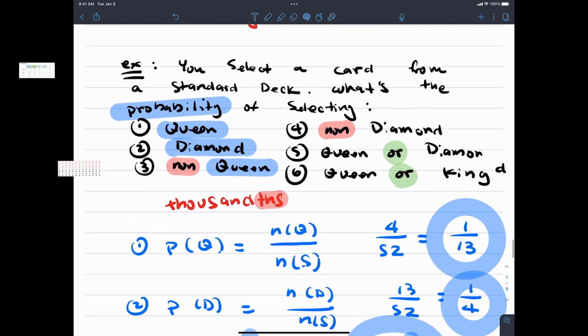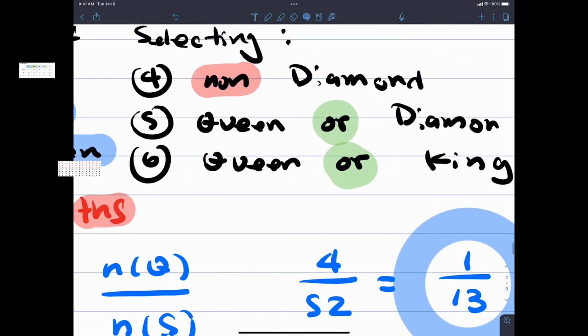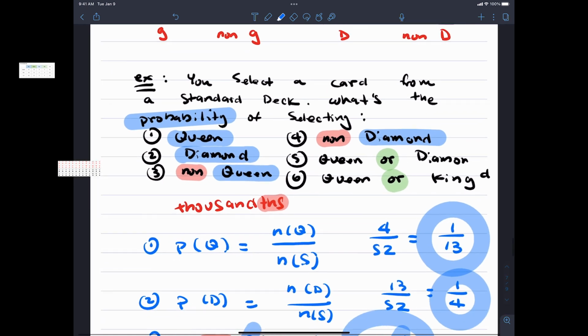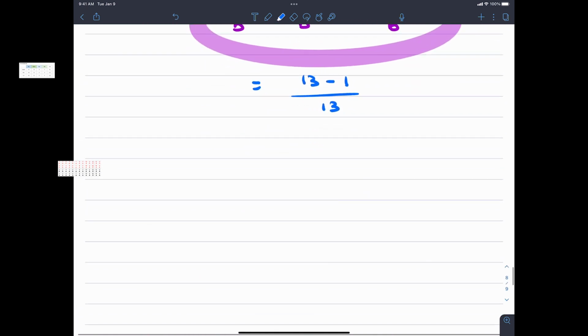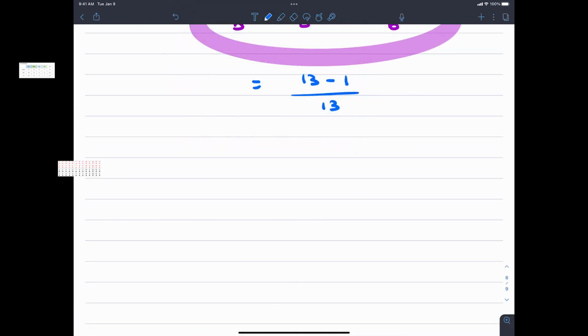What about number 4? Is number 4 a complement question? How do you know? It says non-diamond. Okay. So we're going to try this process again. Number 4. Chance you select a non-diamond.